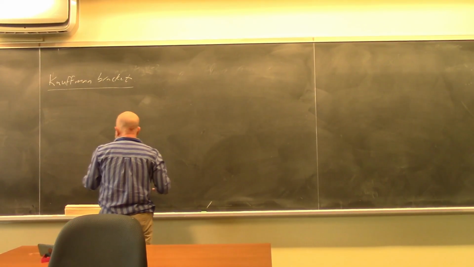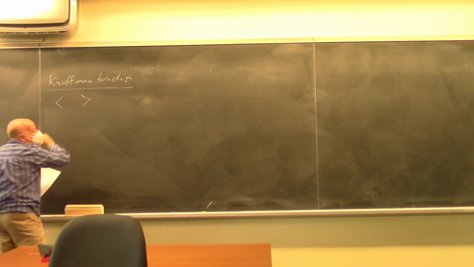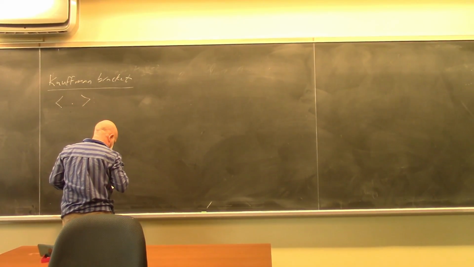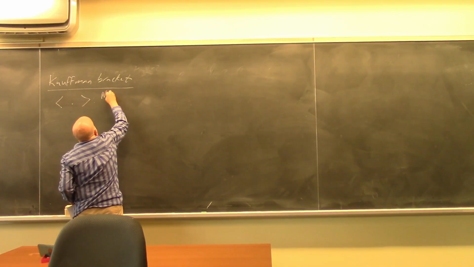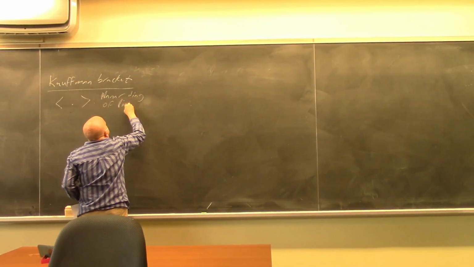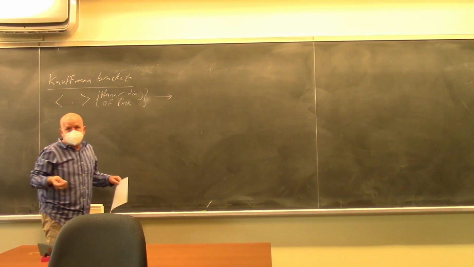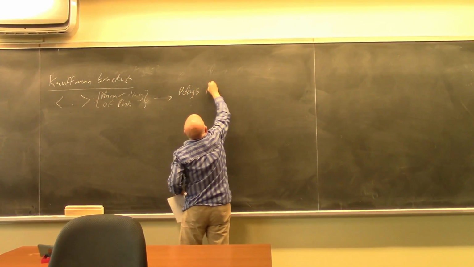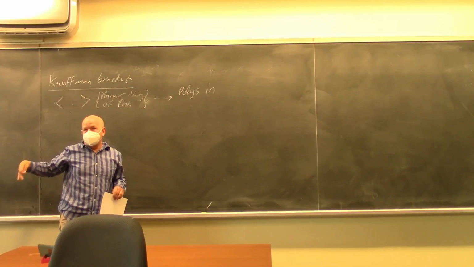So, basically, it's a map called the bracket, from planar diagrams of links to, at first, polynomials in 3 variables, but later we will see that it's not really 3.